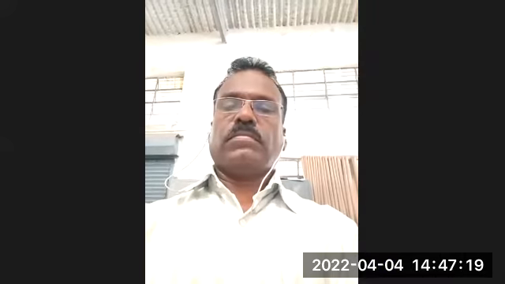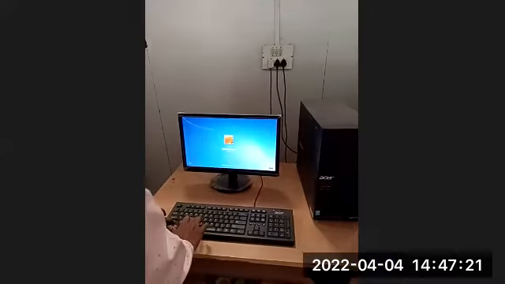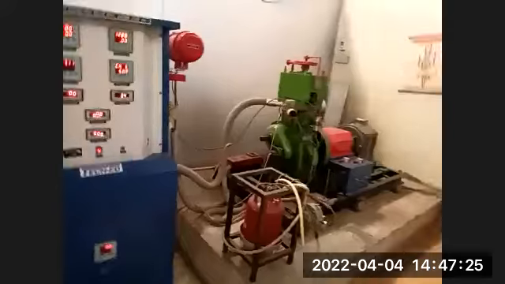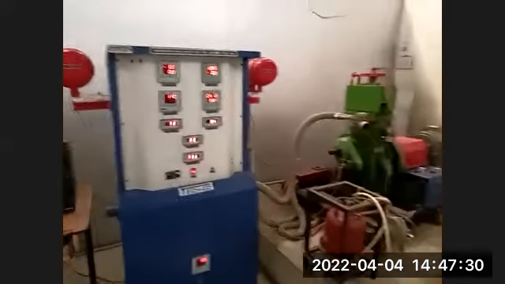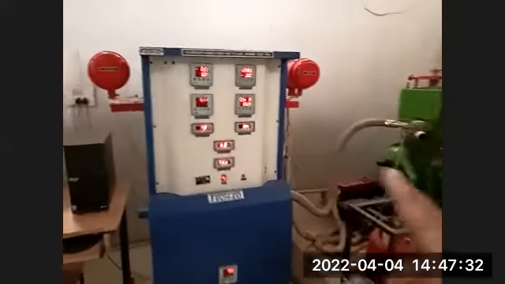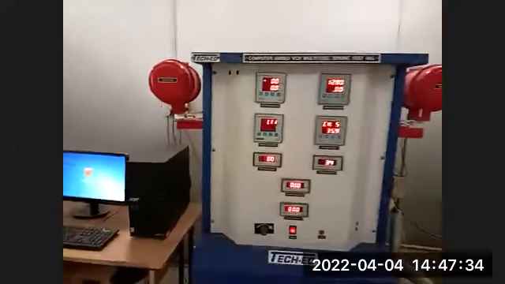So basically, in this engine, you can see this is the engine, and when the engine is running, you can read the parameters over here.